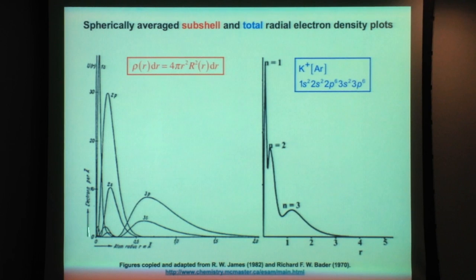And when we just add up all of these components to get the total radial electron density distribution, of course, again, the peak corresponds to the first principal quantum level, 1s2, but then for the 2s and 2p electrons, we get a subsidiary peak.